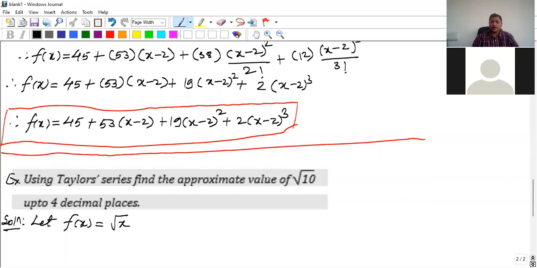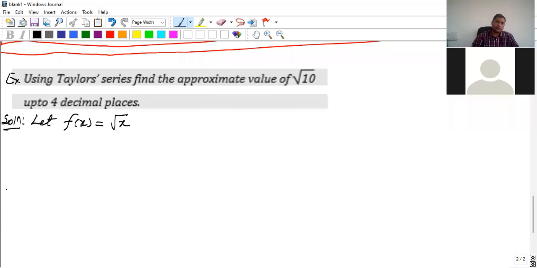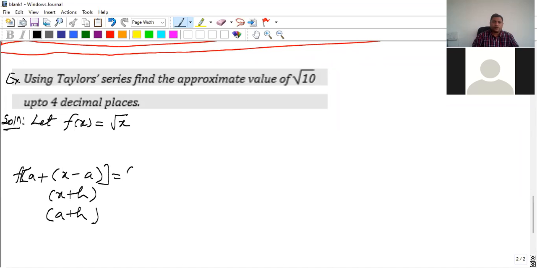Whatever formulas we have seen, we have seen the formula in terms of x minus a, the formula x plus h, the formula a plus h. So this is what we have: f of a plus x minus a is going to be f of x.